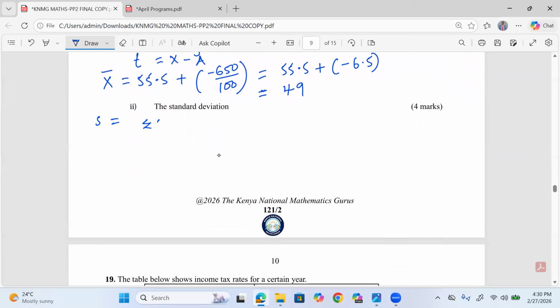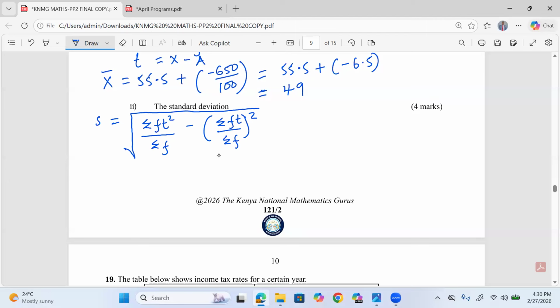summation of ft squared out of the summation of f, and we subtract summation of ft out of summation of f, this part also squared, then we take the square root of everything.